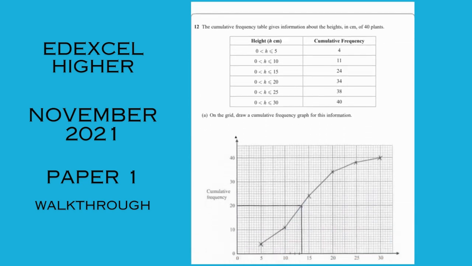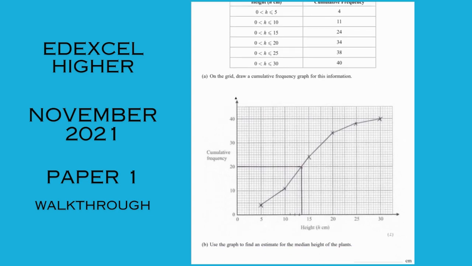Number 12, because these are so boringly easy, gotta be blunt on that. I've just copied and pasted it from my worked answers. Just make sure you are plotting your cumulative frequency at your upper class boundaries. It's cumulative, which means up to and including. It's not the same as a frequency or a line graph. That's where you use the midpoints.